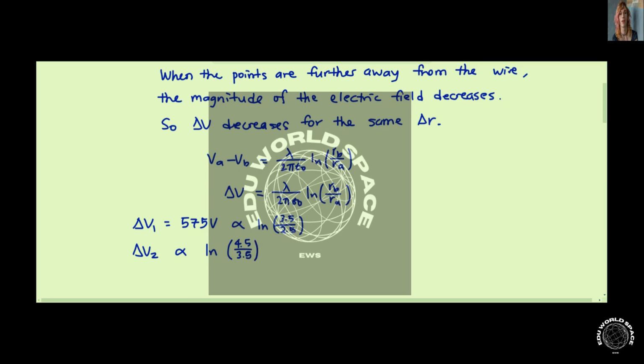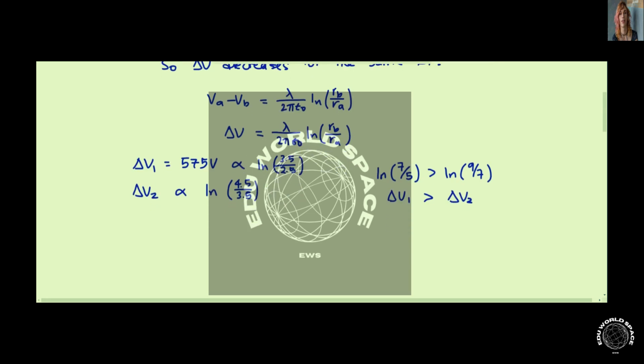You can compare that natural log 7 over 5 is greater than natural log of 9 over 7. So delta V1 is greater than delta V2, and delta V2 will be less than 575 volts. This is how you can explain part B.